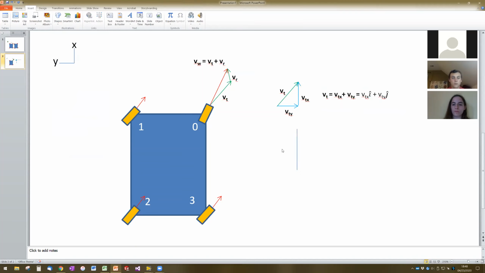So if we have our coordinate axes, we have two axes, the i hat axis and the j hat axis. In case you're noticing it right now, i refers to x, and j refers to y.